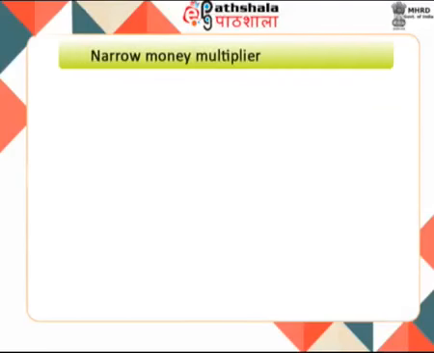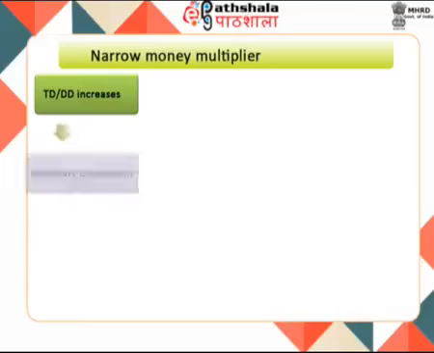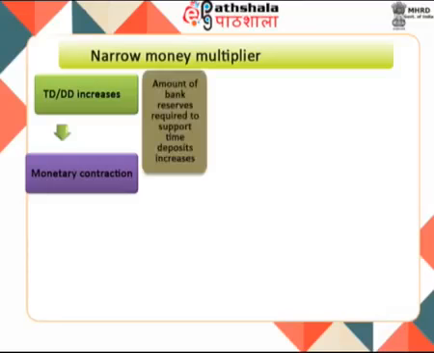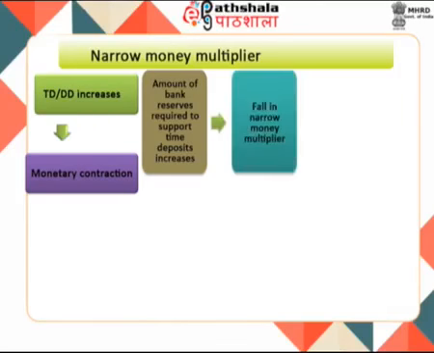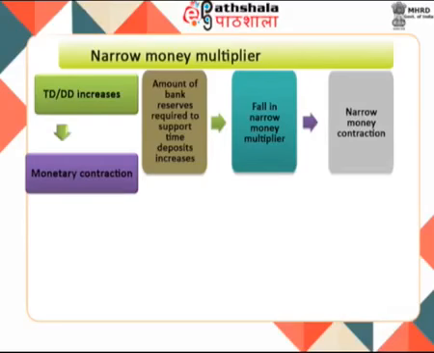In the case of the narrow money multiplier, an increase in the TD upon DD ratio leads to monetary contraction. When the TD upon DD ratio rises, the amount of bank reserves required to support time deposits increases. That is, smaller reserves are available to support demand deposits.